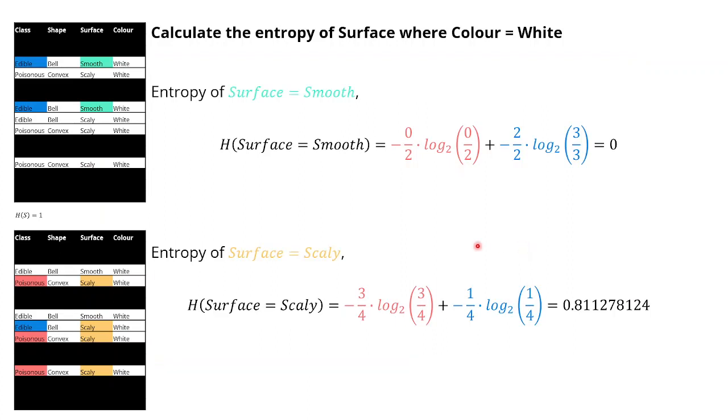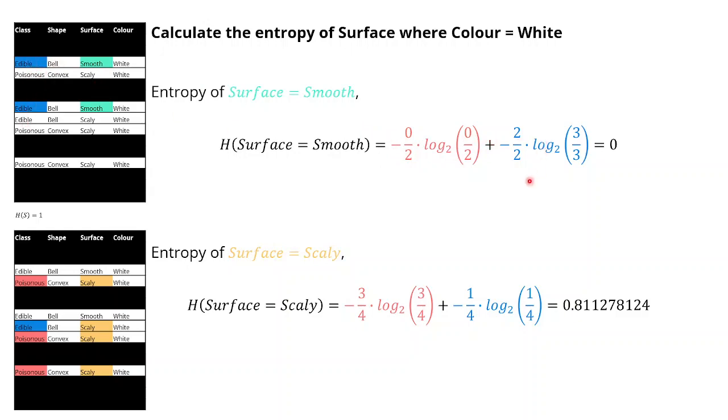So, okay. So if ang surface is smooth, what is its entropy? So, naka-highlight yapon, smooth nga surface. Pila kabok ang poisonous dire? It is 0, diba? Plus, pila kabok ang edible na smooth surface? We have 2.